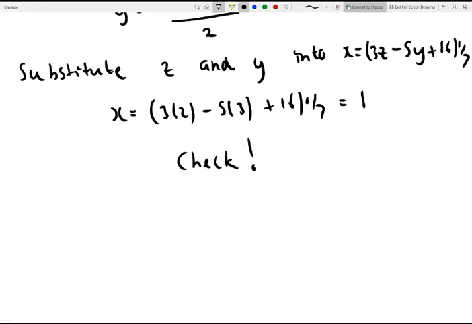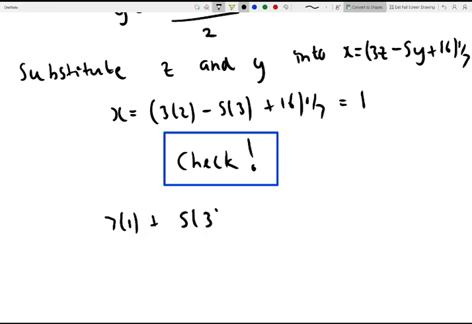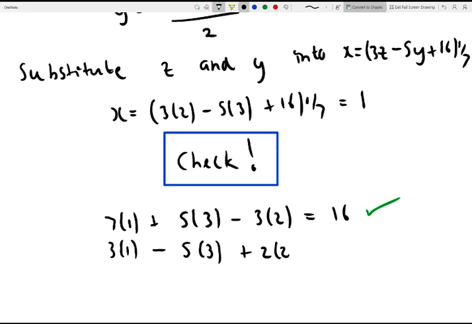And this gives us our x, y and z, but of course these are simultaneous equations, so we can check our answers just like we do in the 2 by 2 case. 7 times 1 plus 5 times 3 minus 3 times 2 is meant to be 16, and it is, so that's correct. 3 times 1 minus 5 times 3 plus 2 times 2 is meant to be minus 8, and it is, so that's correct.